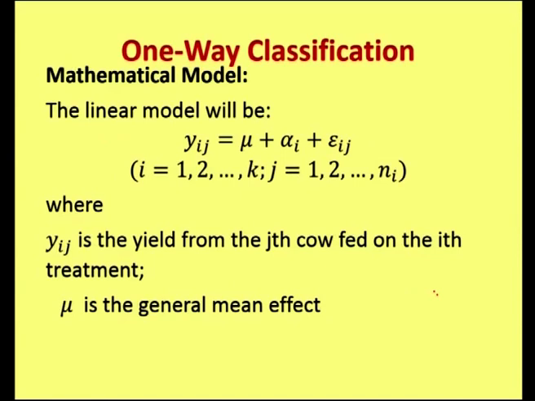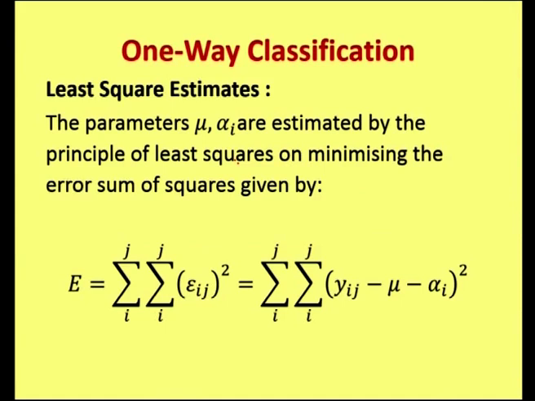So, here you have yij equals mu plus alpha i plus epsilon ij. Keeping epsilon ij on the right hand side, taking the other two terms to the left side, squaring and taking summation, we get E to be the double summation of epsilon ij the whole squared, which is the double summation of yij minus mu minus alpha i the whole squared.